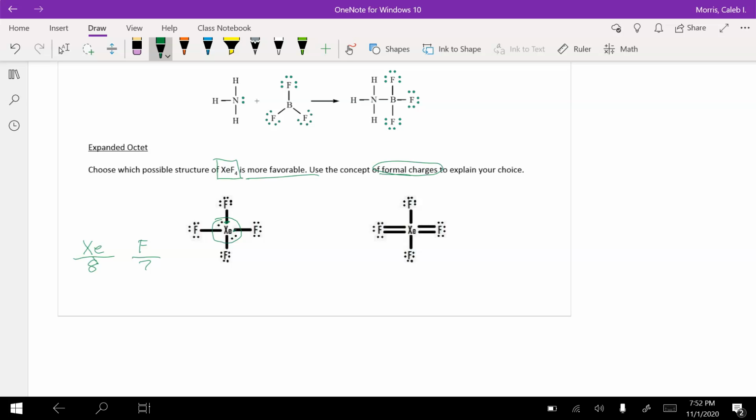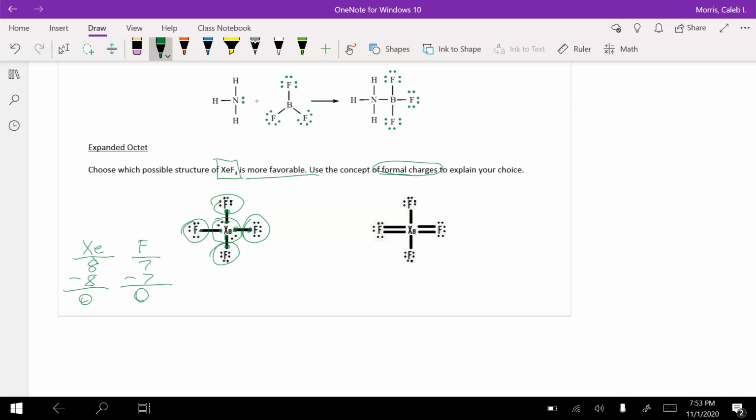Here Xe has 1, 2, 3, 4, 5, 6, 7, 8. So 8 minus 8 is 0. And then fluorine has 7 valence electrons and 1, 2, 3, 4, 5, 6, 7 assigned electrons. So 7 minus 7 gives us 0.